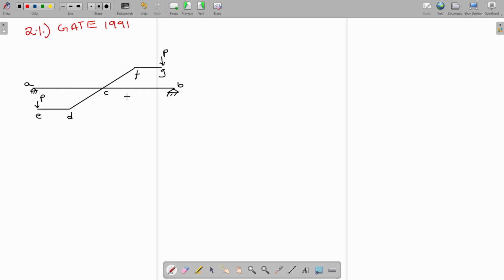what we are going to do is that we need to transfer the forces. That is from P. This is the P. This is also P force. We are going to transfer the force P from E and G to D and F. That is, this force will be going in here and this force will be going in here.